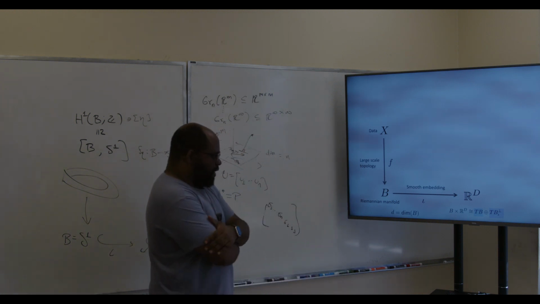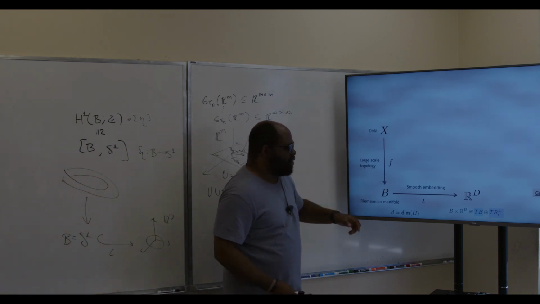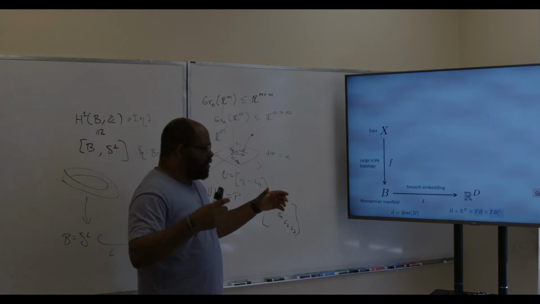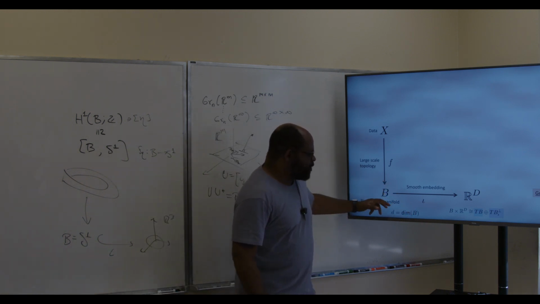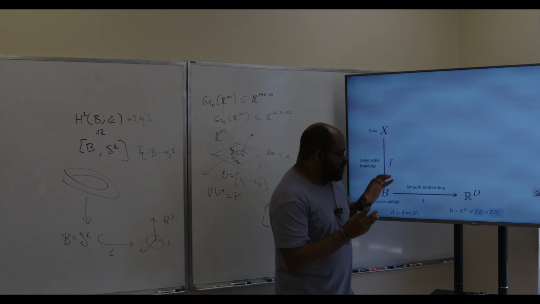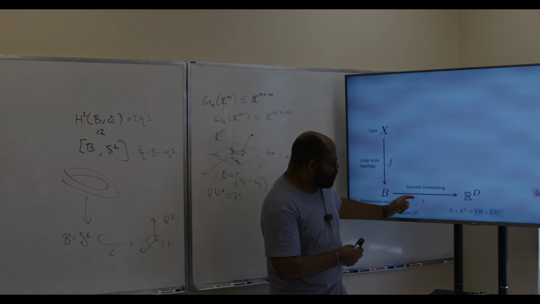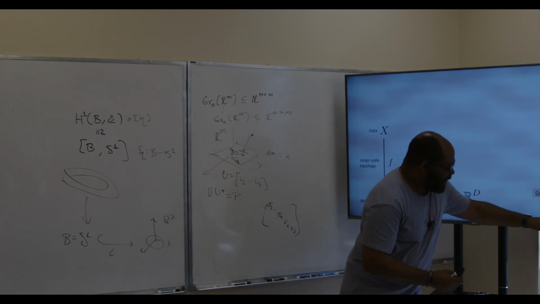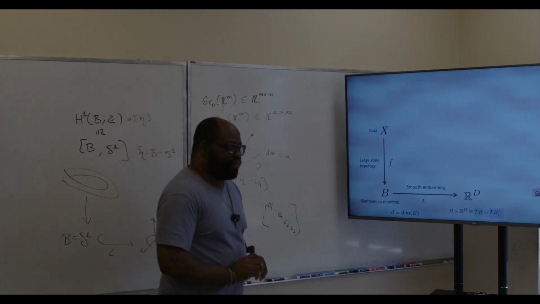So let me just show you what the goal is. We have this initial map F that accounts for the large-scale topology of the data, right? A circle. We have this second map iota that embeds the base manifold into Euclidean space. And the thing to look for is a way of improving iota so that the fibers of F can be laid out in the orthogonal direction to B. Okay?